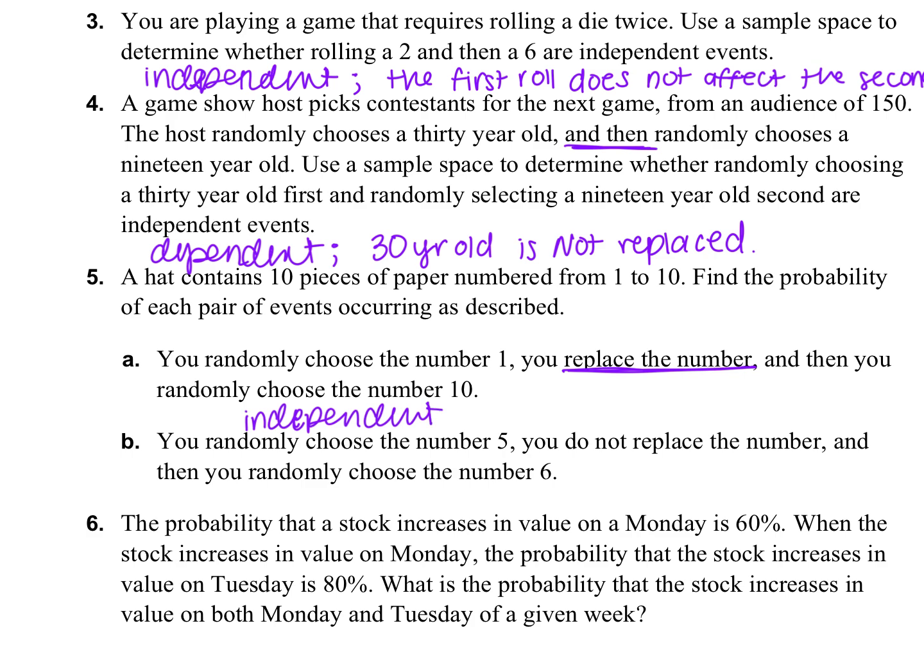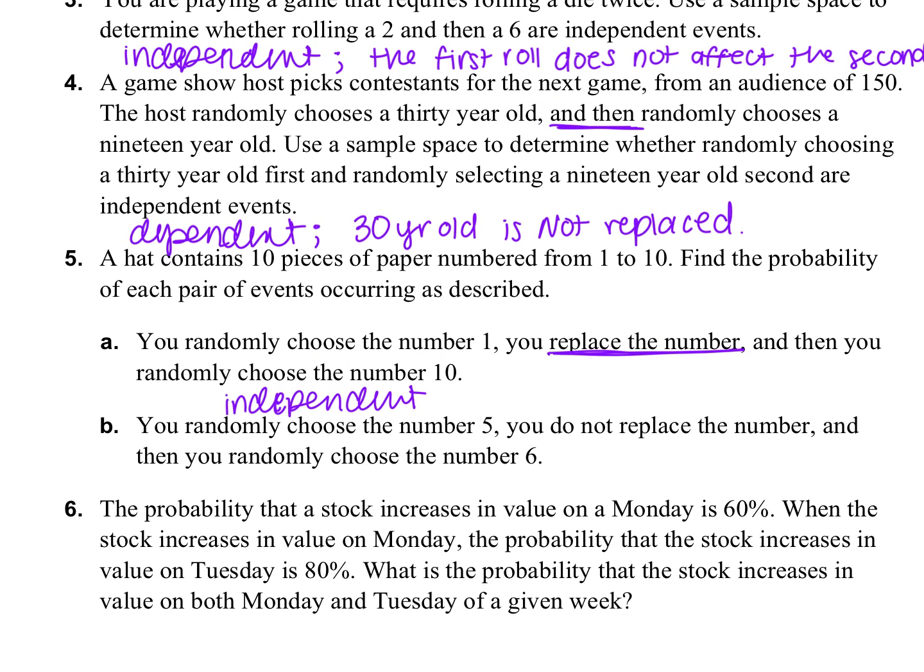Okay, so let's go ahead and solve it. My event A, or probability A, is that I chose the number 1. There's 1 out of 1 through 10, and there's 10 in total. Event B, I'm choosing the number 10. There's 1 ten, and there's 10 in total.